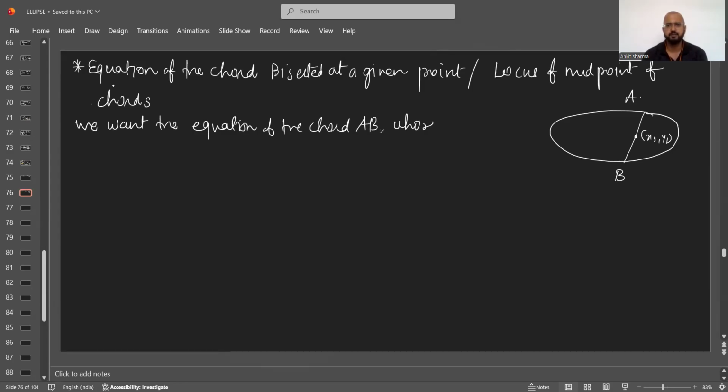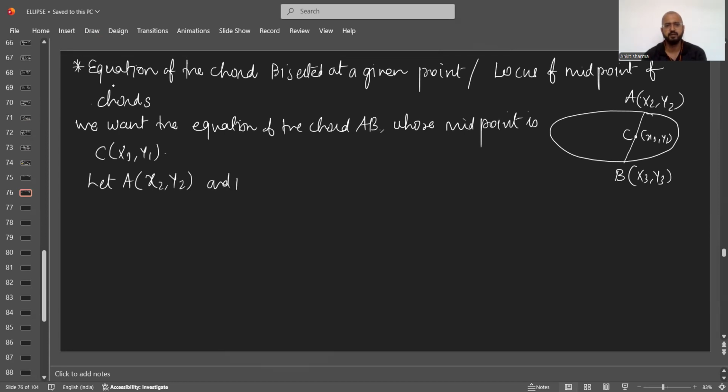Whose midpoint we can consider as C, say x1 comma y1. Let A have coordinates x2 comma y2 and B have coordinates x3 comma y3, two points on the ellipse.